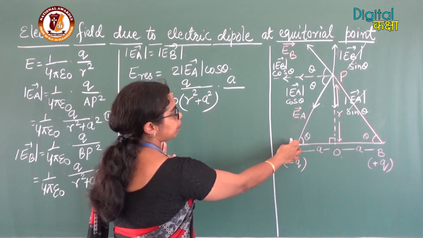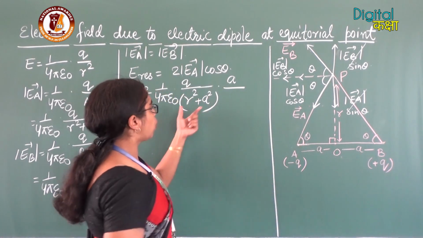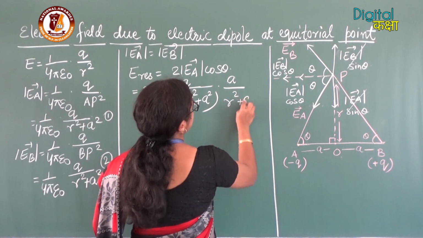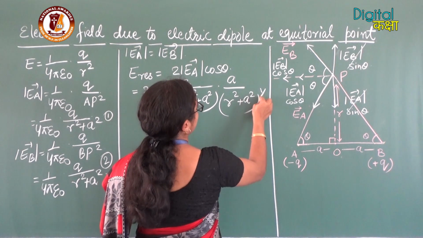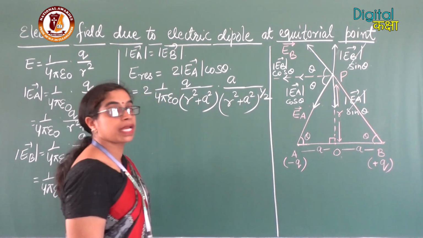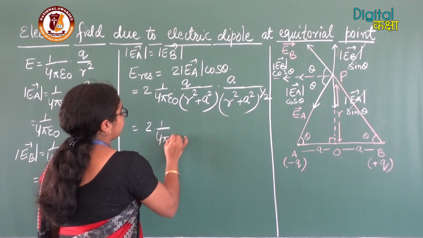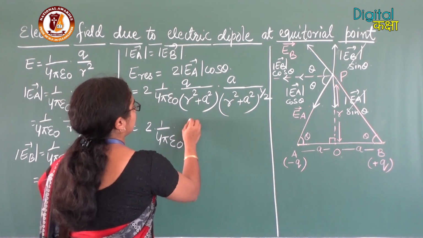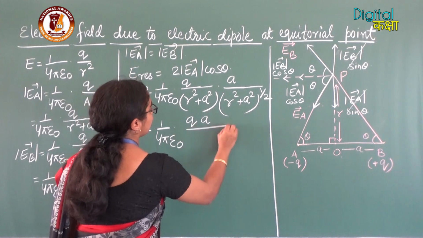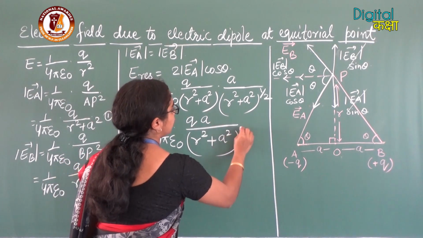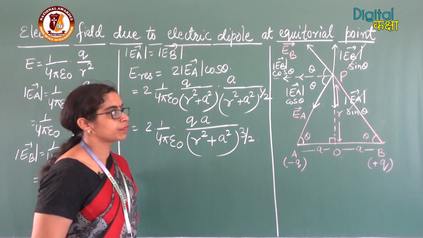The value of AP is the square root of R square plus A square, which can also be written as R square plus A square to the power 1 by 2. Solving it further, we get QA upon R square plus A square to the power 3 by 2.